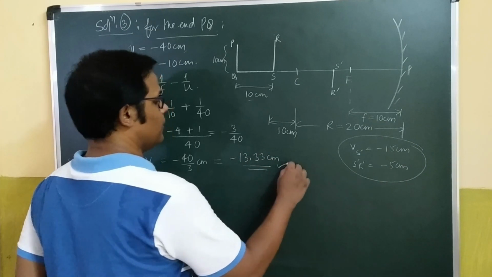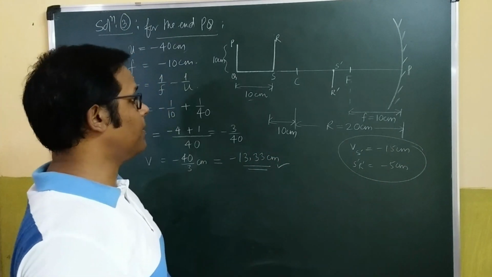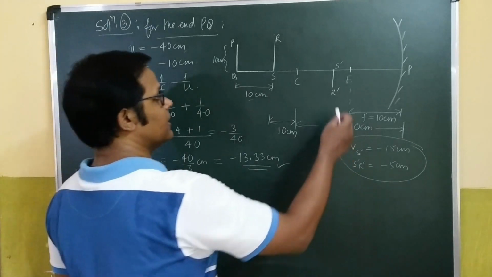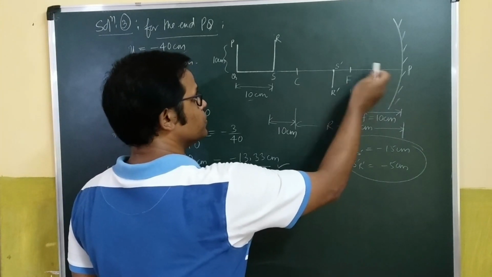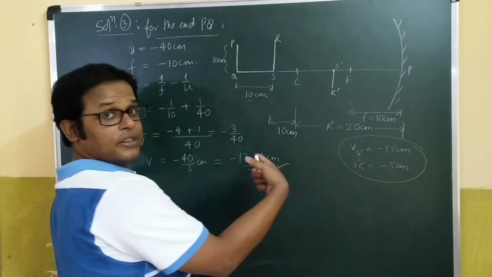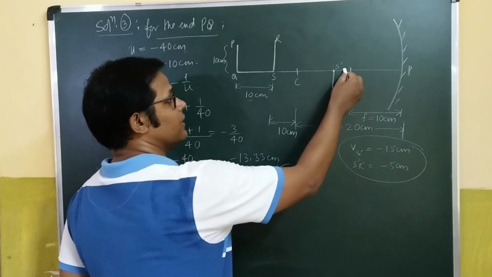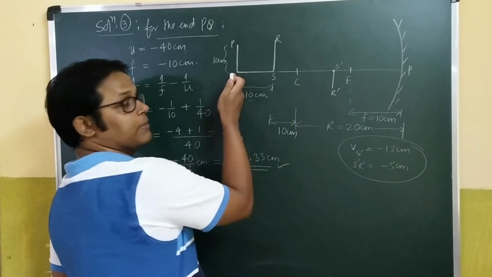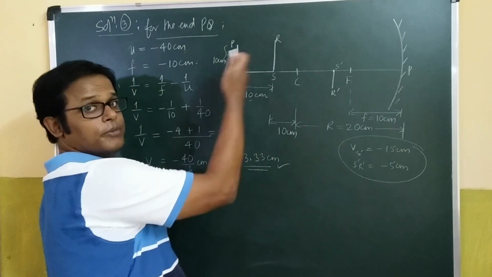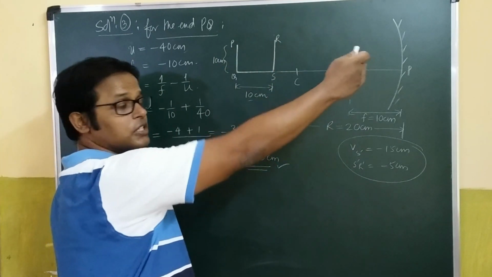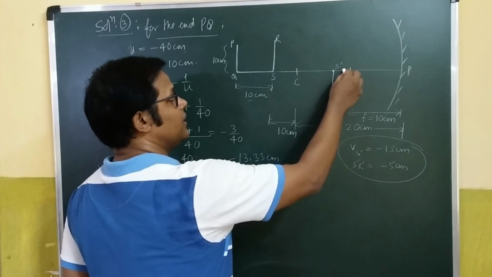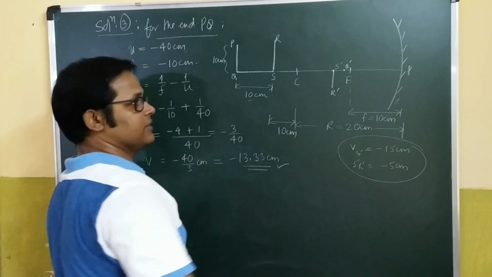Alright, so what does it mean now? Minus 13.33 means that it's getting closer. This is 13.33 from the pole of the mirror, somewhere here. Since it is much further away from the pole, its image is going to get much closer to the mirror. So somewhere here I should get the point Q prime.